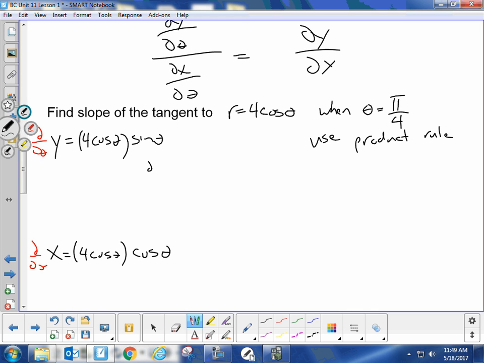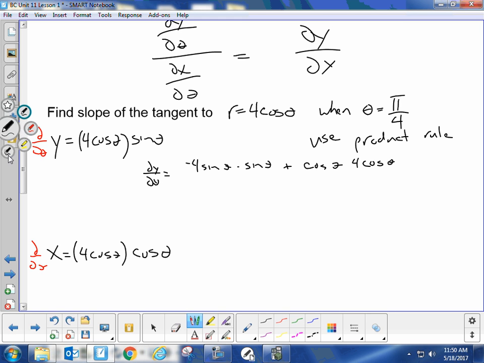So dy d theta would equal the derivative of the first times the second plus the derivative of the second times the first. That's negative 4 sine theta times sine theta plus derivative of sine theta, cosine theta, times 4 cos theta.